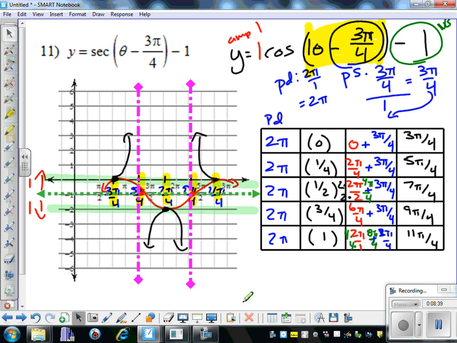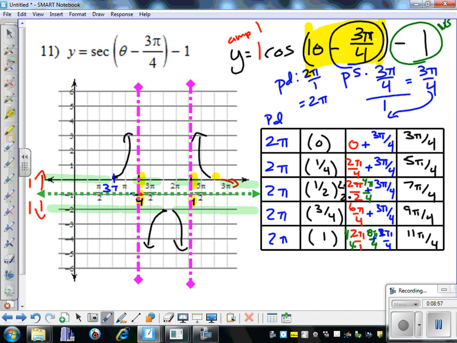Now, I've got a lot of stuff highlighted, colored here, so I'm going to erase away my red line. I'm going to erase away my highlights a little bit. And I'm just going to write back in my points there.